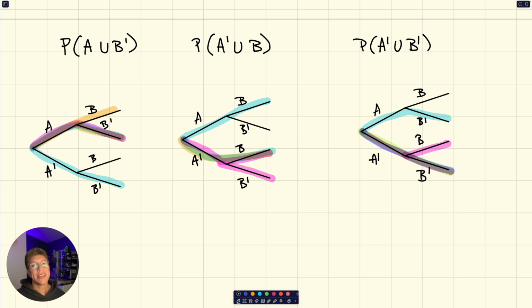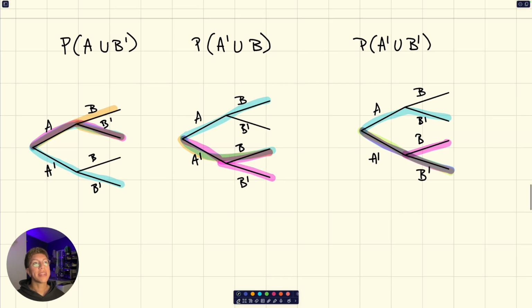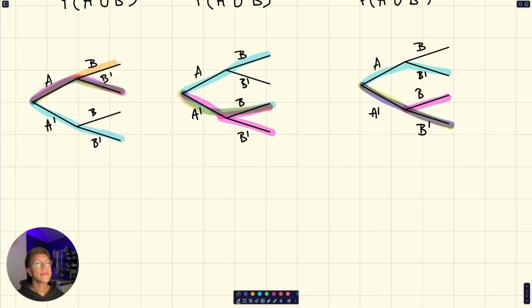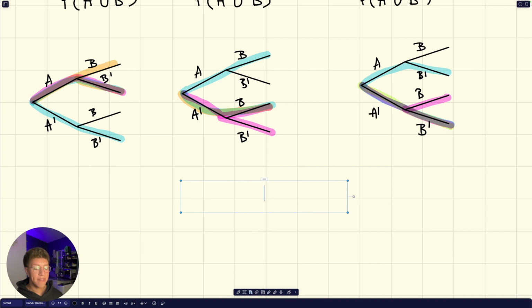All right. Right after that, we get into conditional probability. Conditional probability is, again, where a condition is given, and then we're looking at the probability within the sample space of that condition.